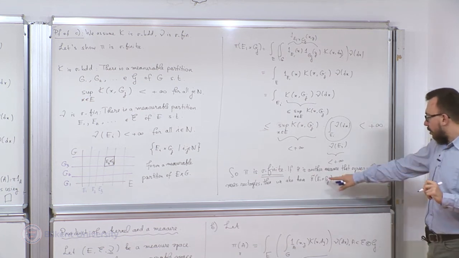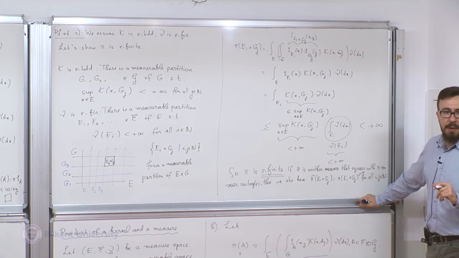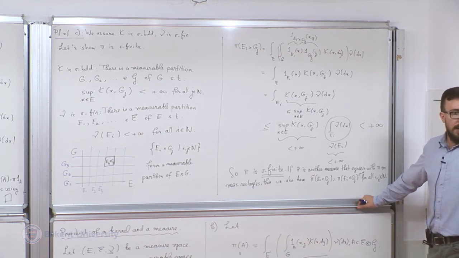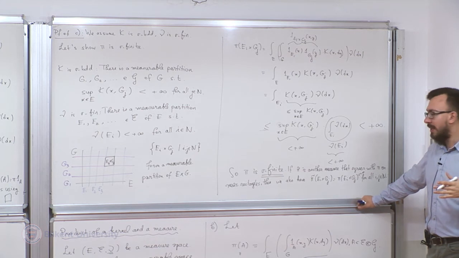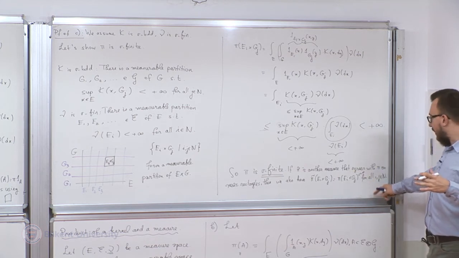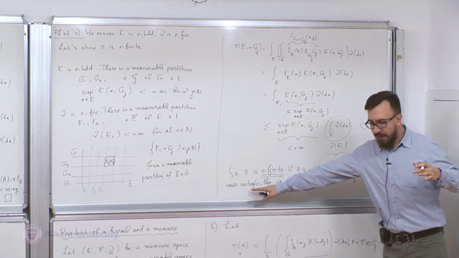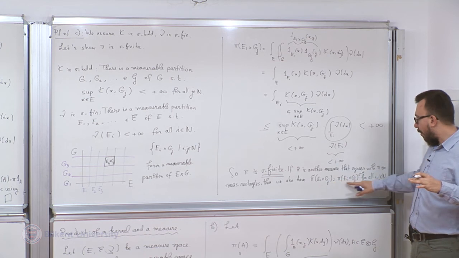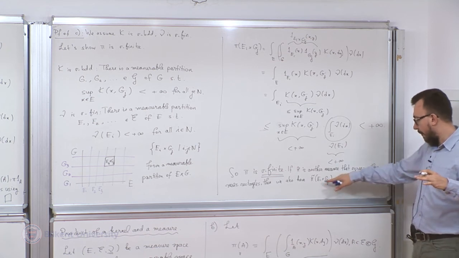This is finite. So this was the assumption in the theorem about the uniqueness of sigma finite measures. So that theorem had part A and part B. Part A is just about finite measures, for instance, probability measures, and part B is about sigma finite measures. And on that, you need to have that they agree on a pi system, and moreover, they have to agree on the sets forming your measurable partition.